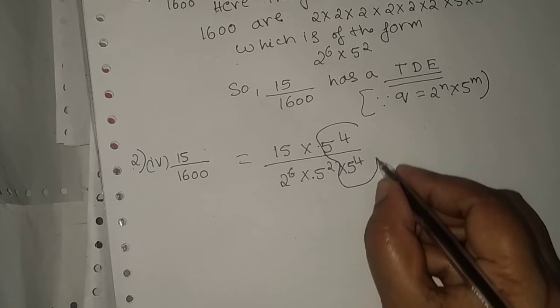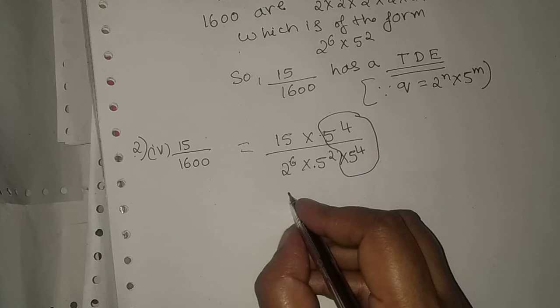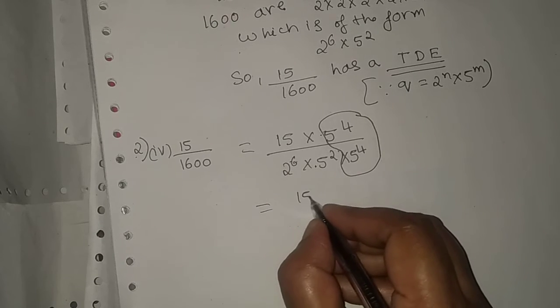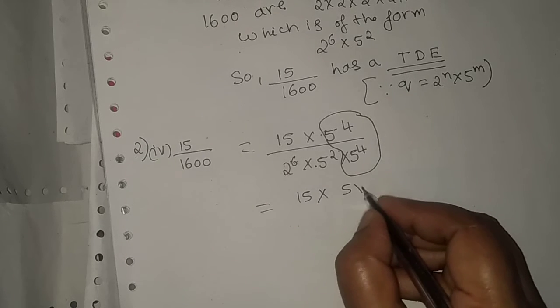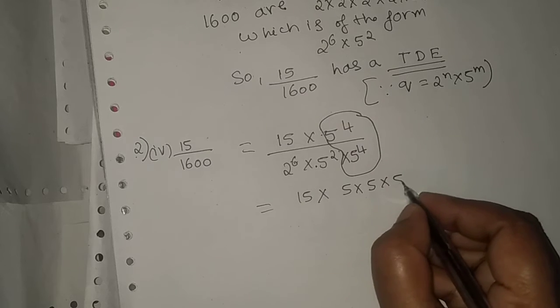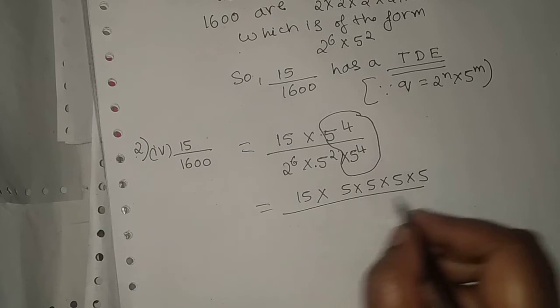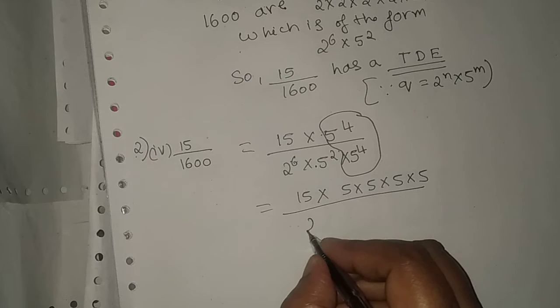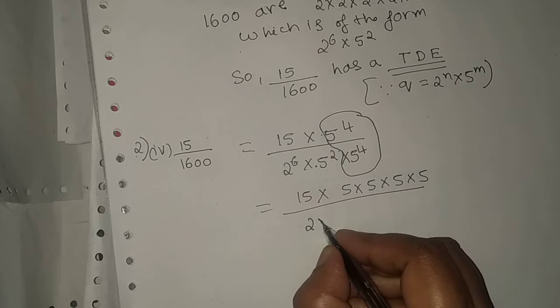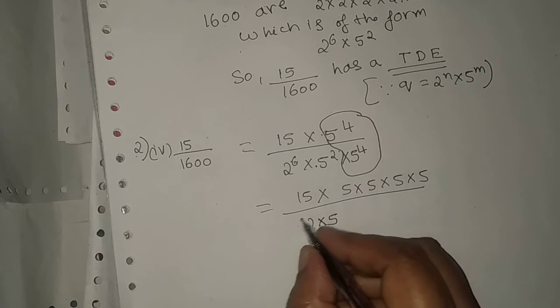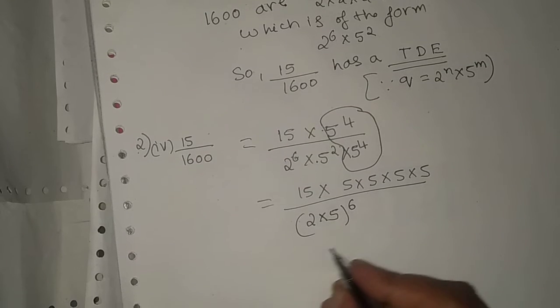This should be added. So next step is 15 into 5 into 5 into 5 into 5, by 2 into 5 to the power of 6 we have to write.